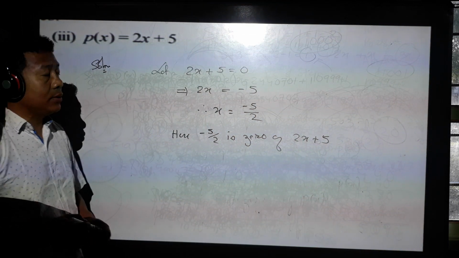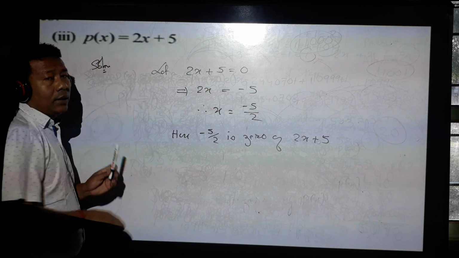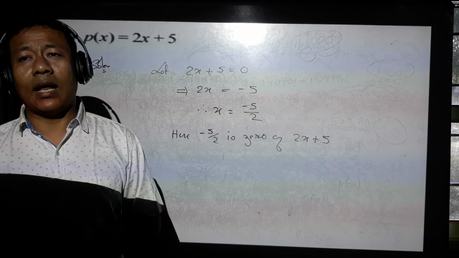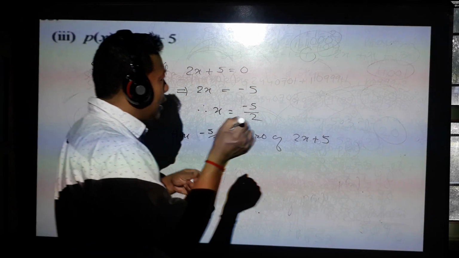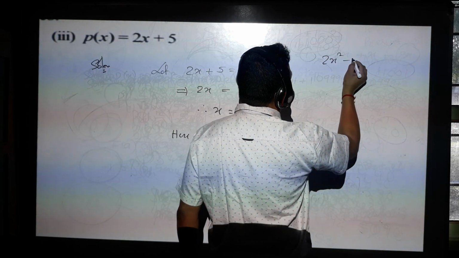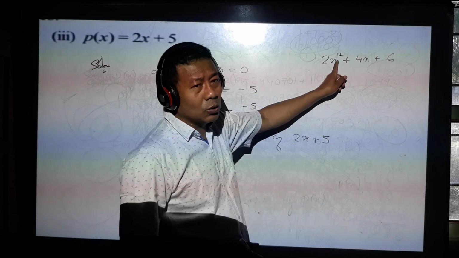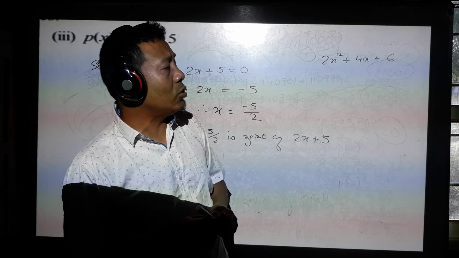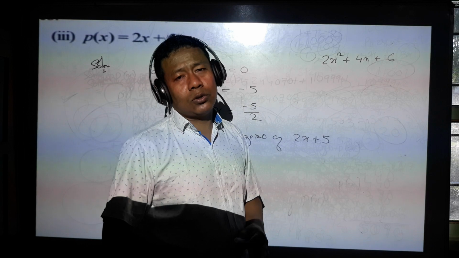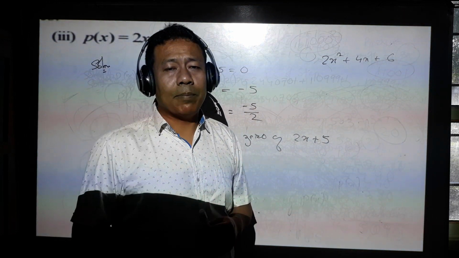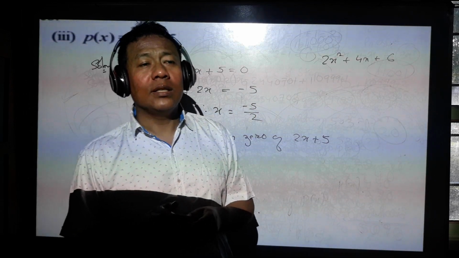One more thing I want to tell you is that since these are linear, meaning the degree of this polynomial is 1, the maximum number of zeros it can have is only 1. If, for example, there is a quadratic polynomial, the degree is 2, then the maximum number of zeros this polynomial can have is only 2. It may or may not have zeros, but if it has, it will have at a maximum only 2.